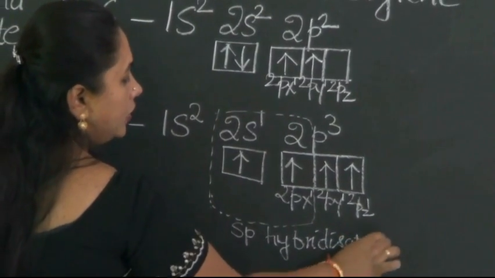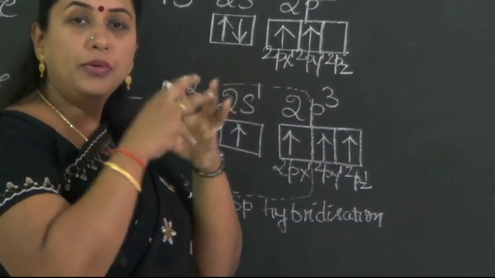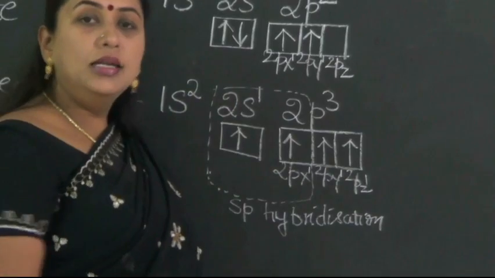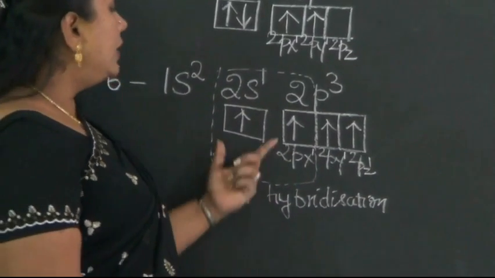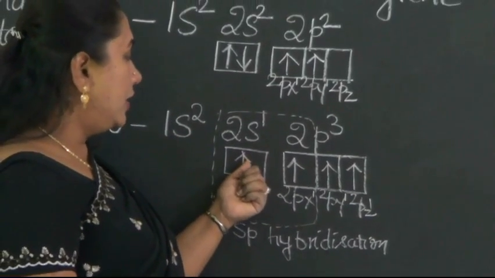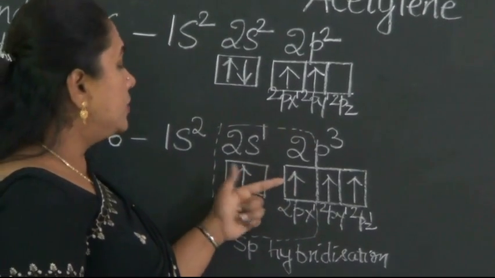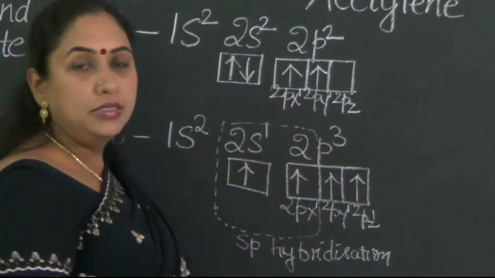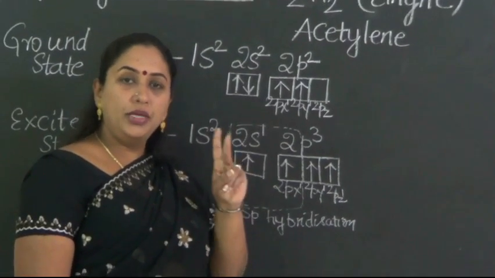So only the 2s atomic orbital and the 2px atomic orbital will undergo the process of mixing, resulting in the formation of sp hybrid orbitals. How many sp hybrid orbitals will be produced? 2, because one s and one of the p orbitals is participating. That means only 2 atomic orbitals are participating. Therefore, the hybrid orbitals formed will also be 2 in number.